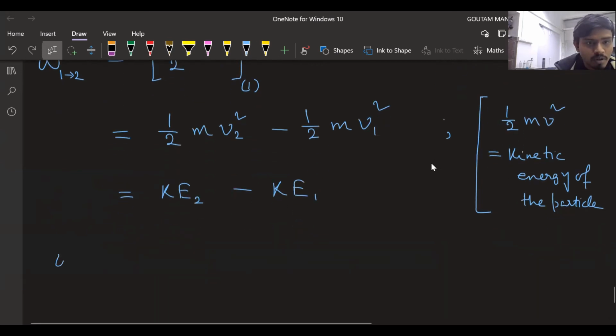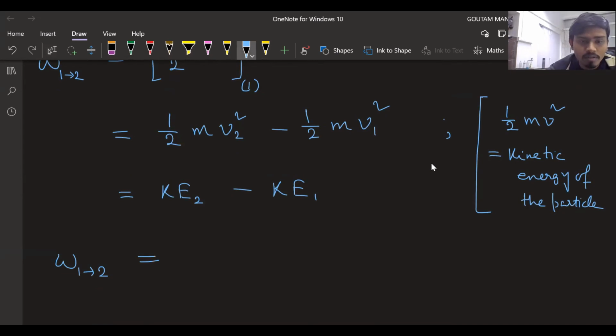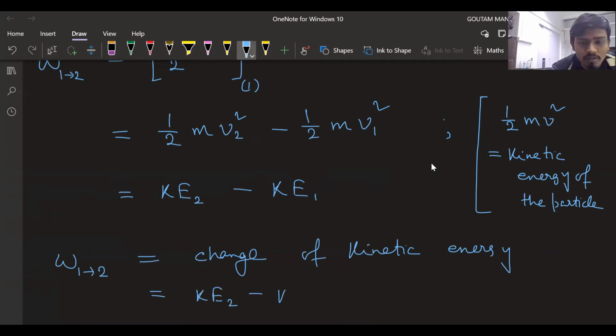So the work done by the force while the displacement is from point 1 to 2 is given by the change of kinetic energy, which is kinetic energy at point 2 minus kinetic energy at point 1.